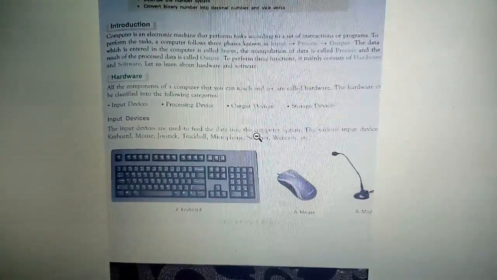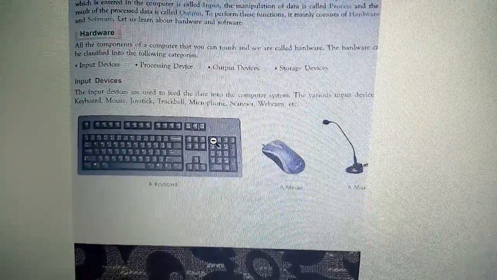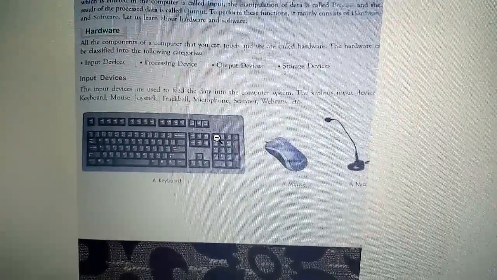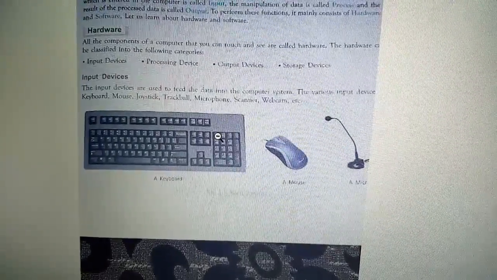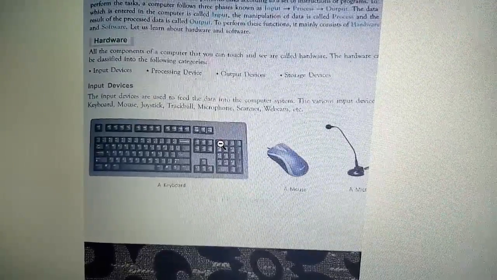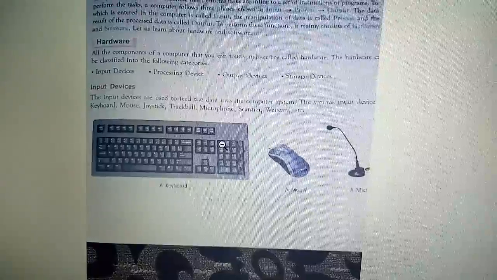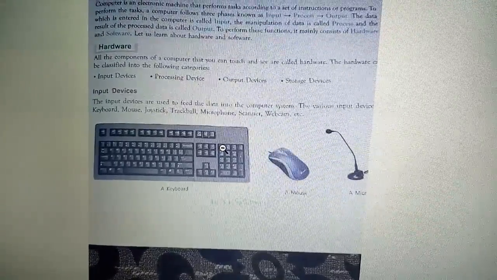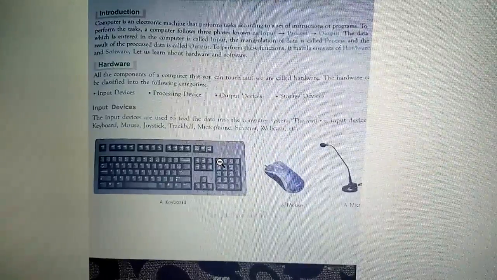The input devices are used to feed data into the computer system. With the help of input devices, we can feed our data into the computer system. The various input devices are keyboard, mouse, joystick, trackball, microphone, scanner, webcam, etc. With the help of the keyboard, we can enter our data.